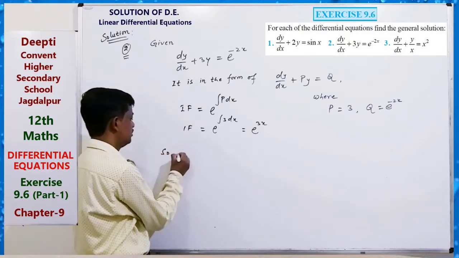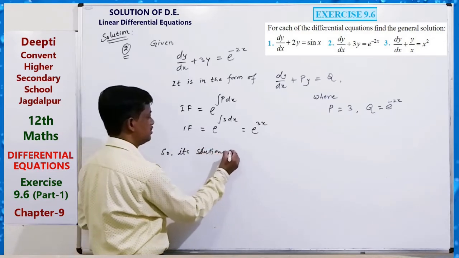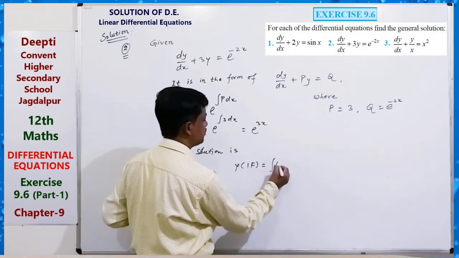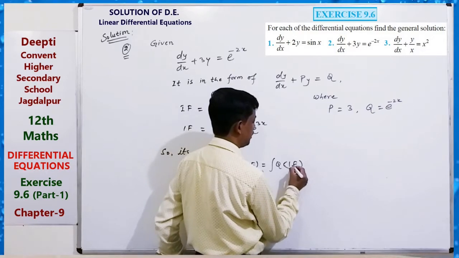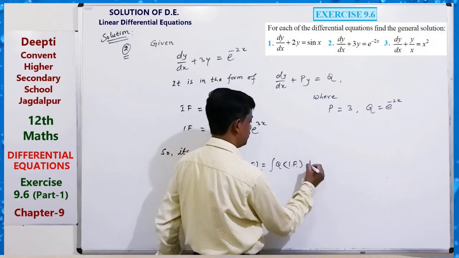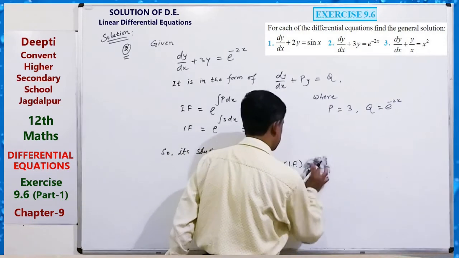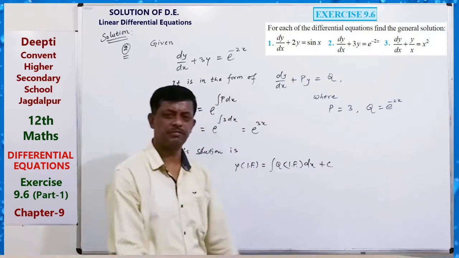So its solution is y times IF equals integration of Q times IF plus constant, integration with respect to x plus constant. This is the method.